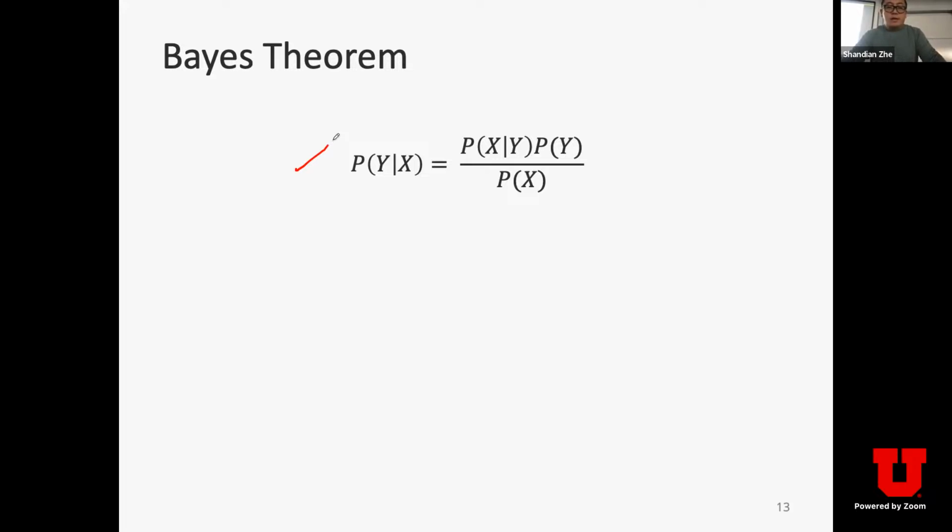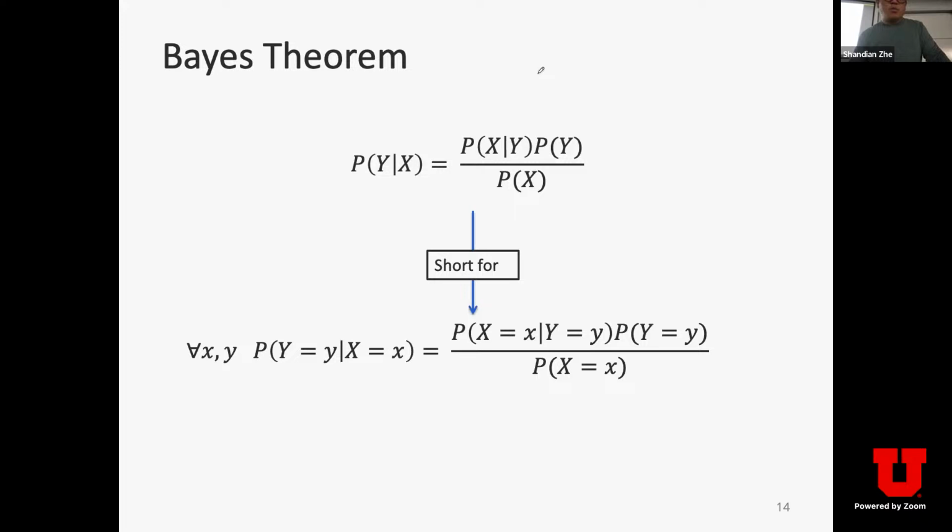It tells us that if we want to compute the conditional distribution of y given x, we can first compute the joint probability of x and y, then divide this joint probability by the marginal probability of x. And this joint probability can be further decomposed as the prior of y multiplied by the likelihood of x given y.